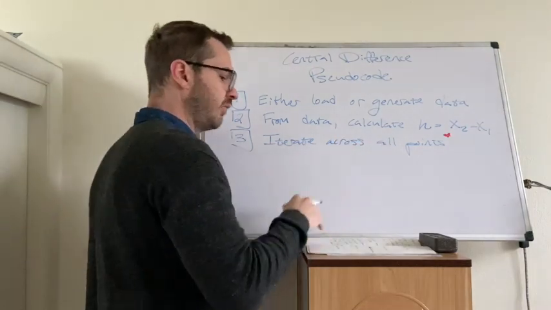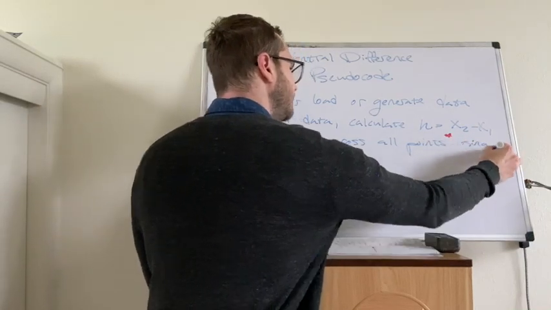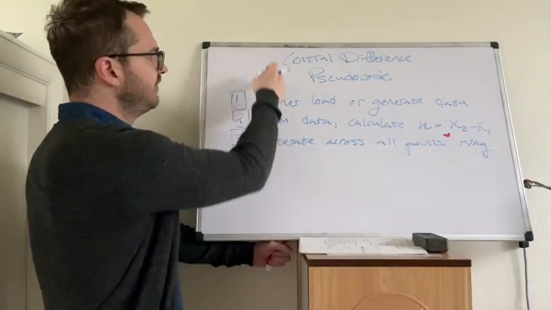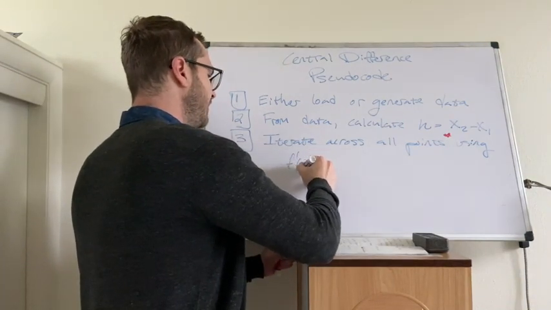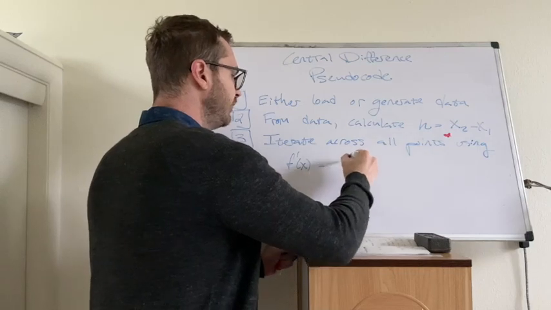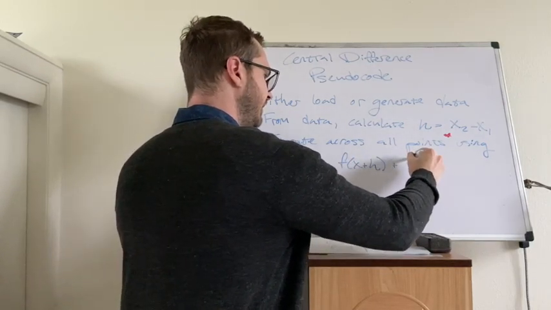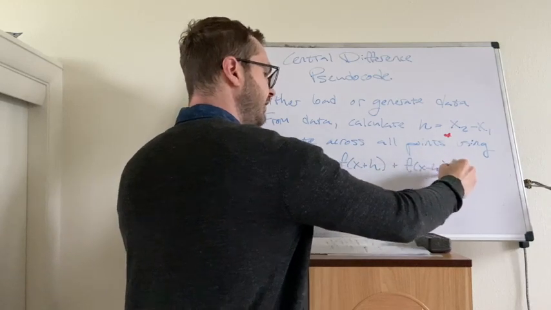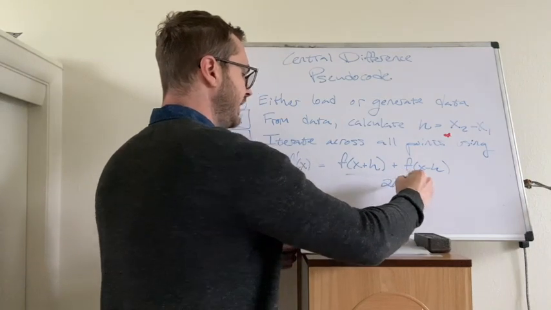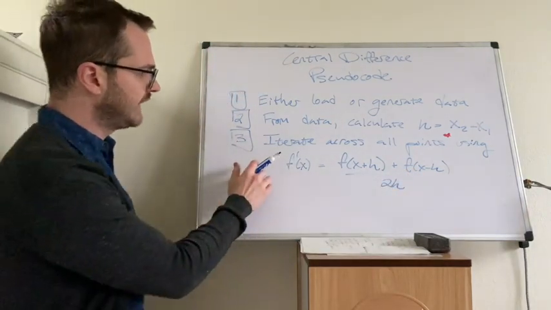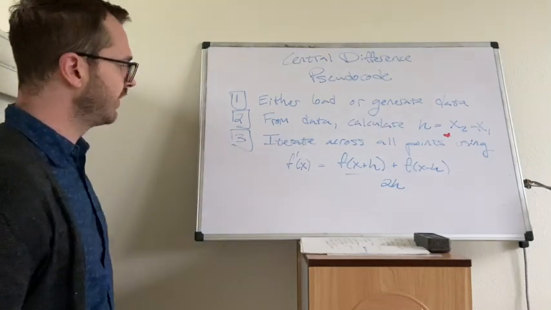So iterate across all points using the central difference method, which is f prime of x is equal to f of x plus h minus f of x minus h, all divided by 2h. So again, this was that central difference scheme that we came up with.